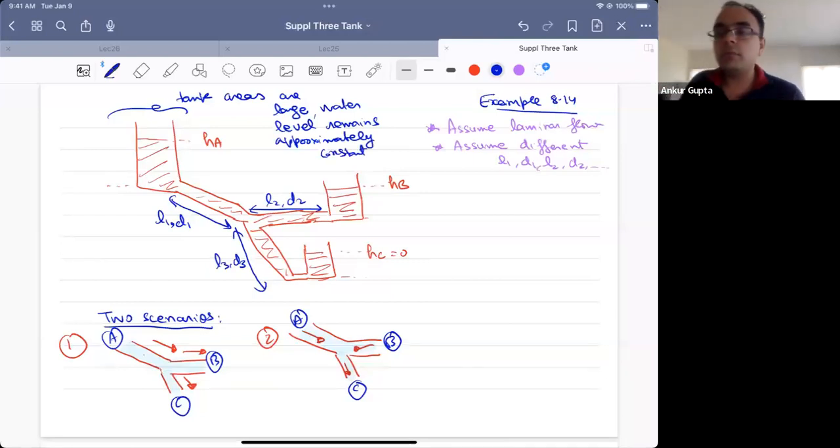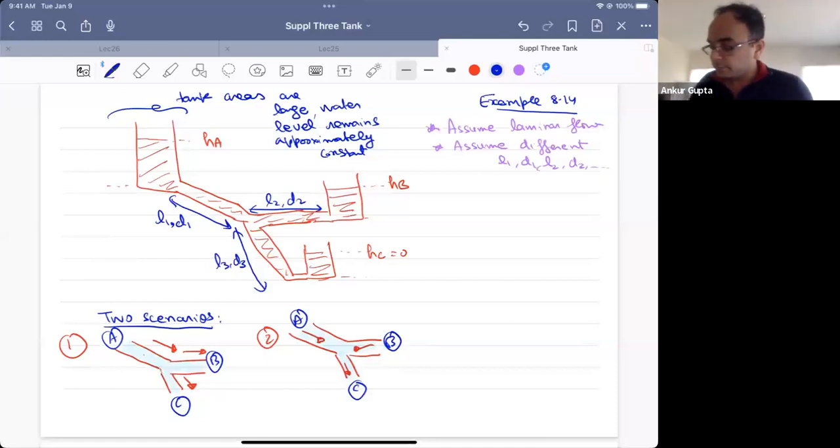If the water keeps flowing, the top tank might start to drain. But that is a different scenario, and we're not discussing it. We assume the tank is so large that even a small change needs a lot of volume, and we are not considering scenarios where things change with time. That is a separate problem. You can add those complexities, and they are not that difficult to add, but that is beyond the scope of this course.